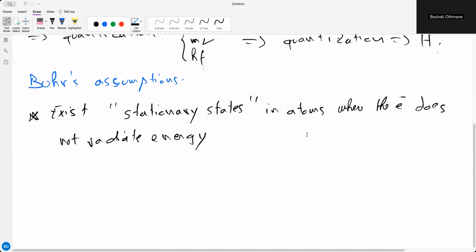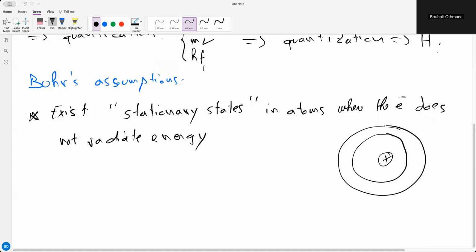This is the first assumption. So if this is the proton, there are some states inside the atom in the empty space. If the electron is moving in those specific states, the electron will not lose energy, will not radiate. So this is an assumption.